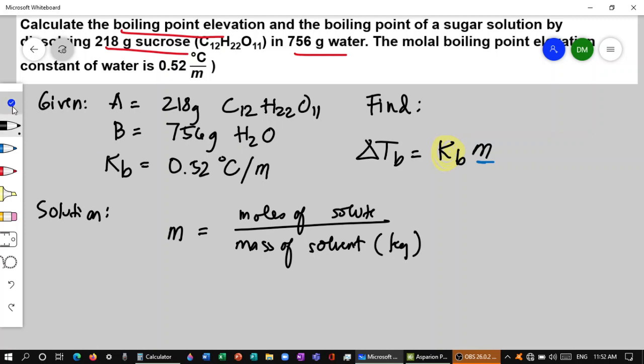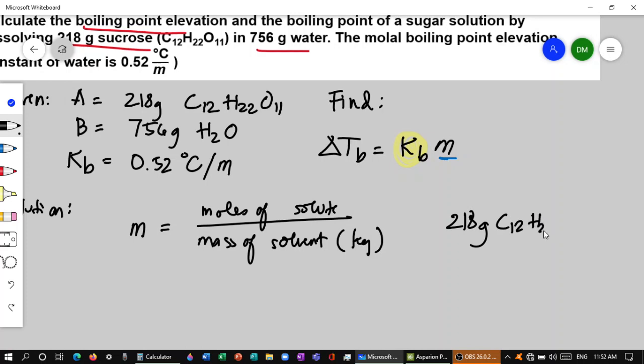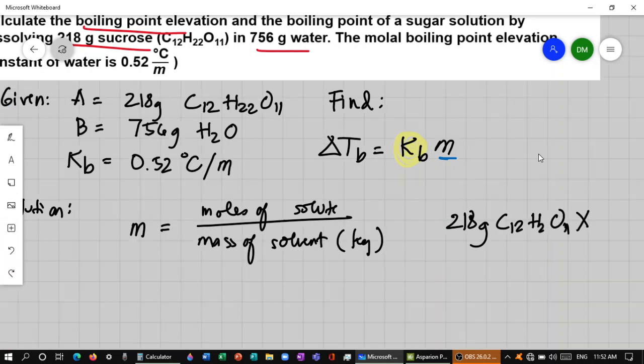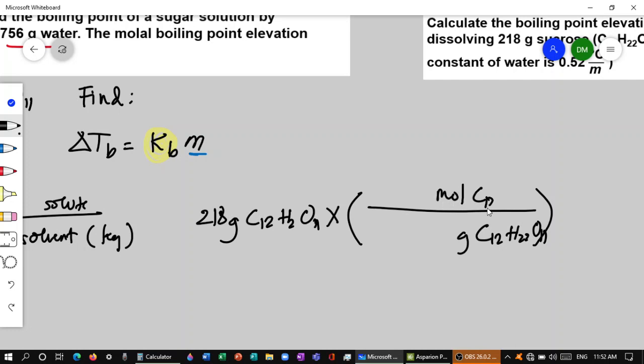And to do that, that's 218 grams C12H22O11. Let's multiply this with the conversion factor. Again, we need to cancel grams and convert this one to moles of sucrose.